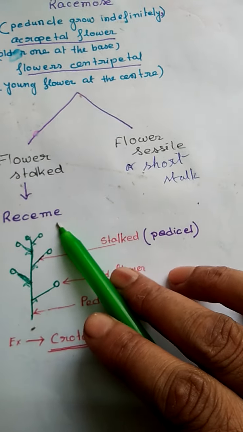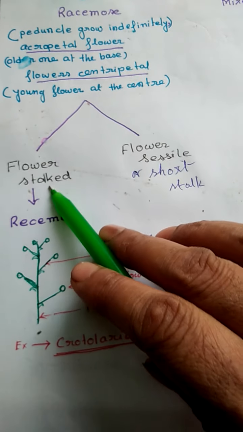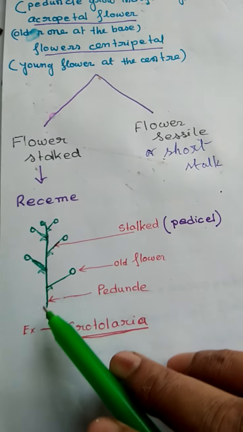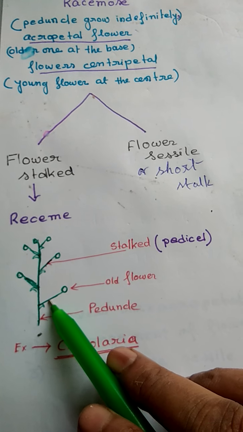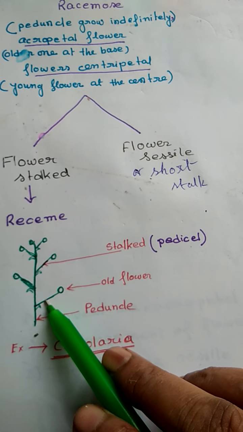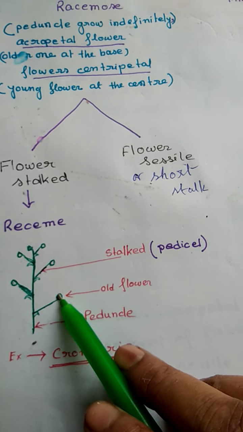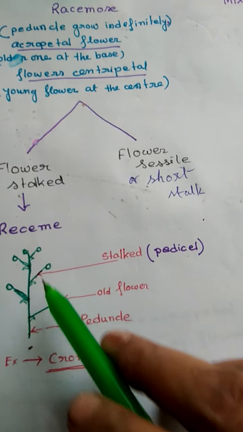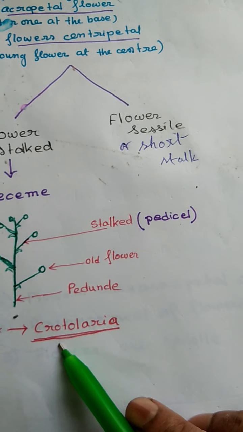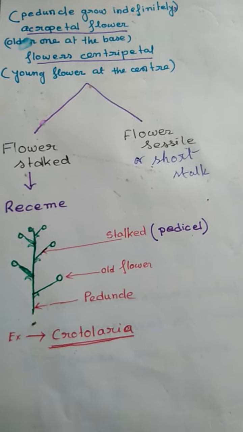So in the case of the racemose, the first is the stalked one, raceme. Just see the peduncle, main axis, spatial axis, the stalk is present. This one is the stalk, or this is known as pedicel. Older flower and younger flower, far away from the base. The example is crotalaria.